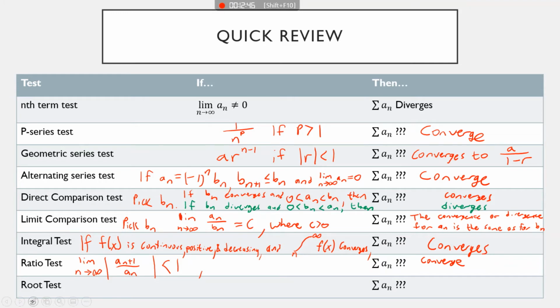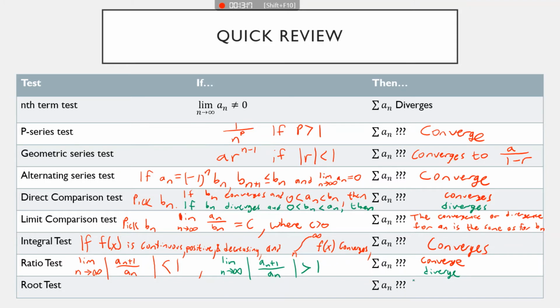And then here in green, what would prove that it diverges? If it's greater than 1, then it will diverge.